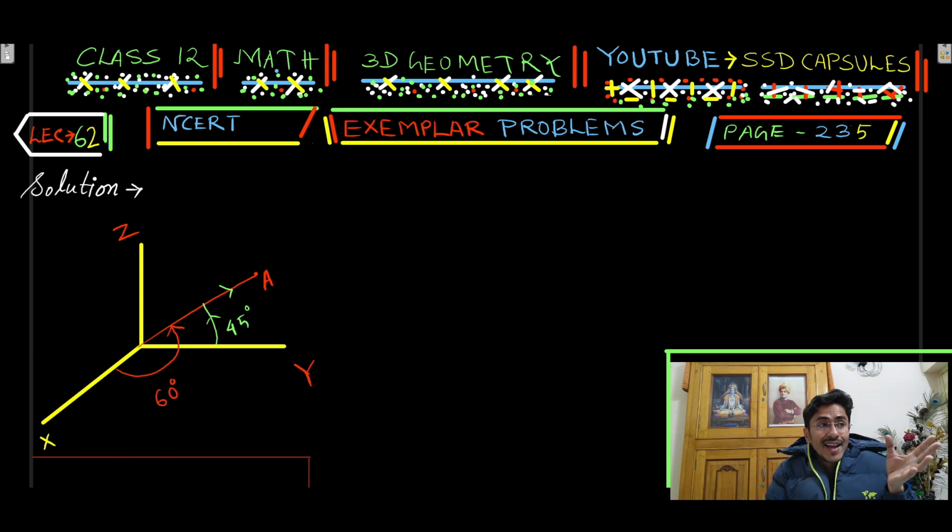There we have discussed that if a line makes an angle alpha, beta and gamma with x-axis, y-axis and z-axis, then alpha, beta, gamma are direction angles, and cosines of these direction angles are direction cosines. And also we have learned that any line in space has two sets of direction cosines.